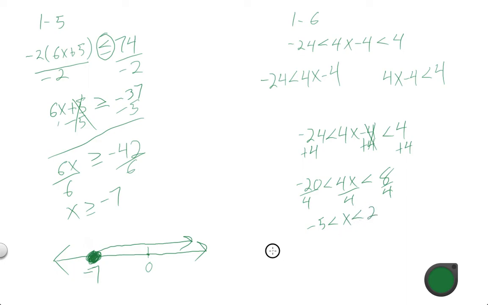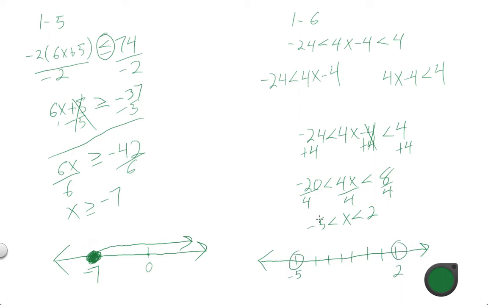And what would this graph look like? So I'm going to say I have -5 right here, -4, -3, -2, -1, 0, 1, 2. Both of my signs are less than signs, so we have open circles at both.